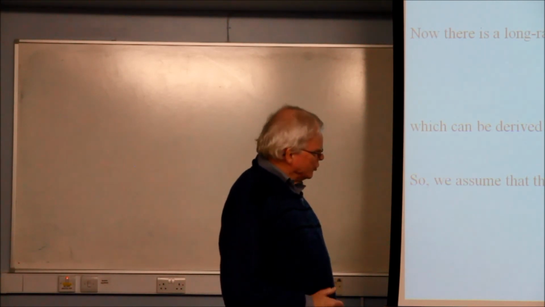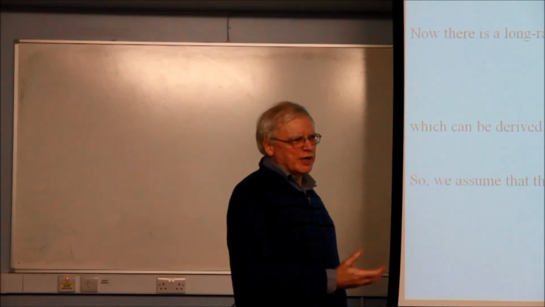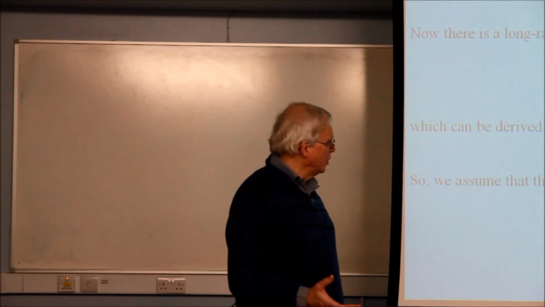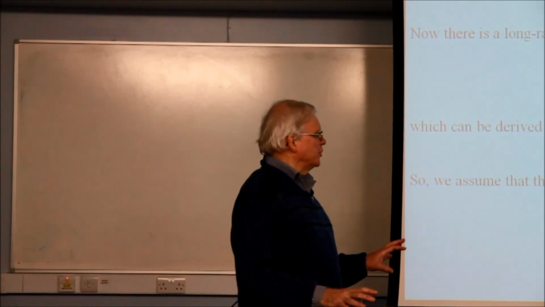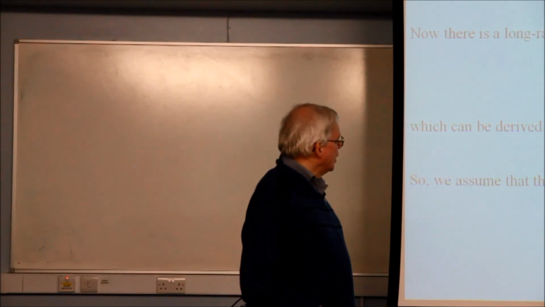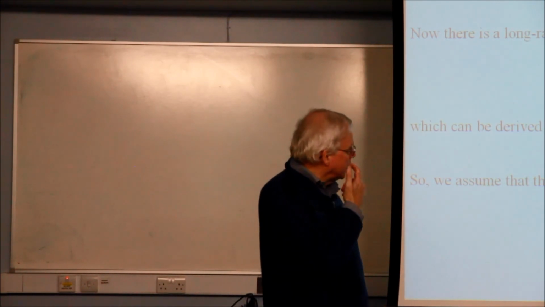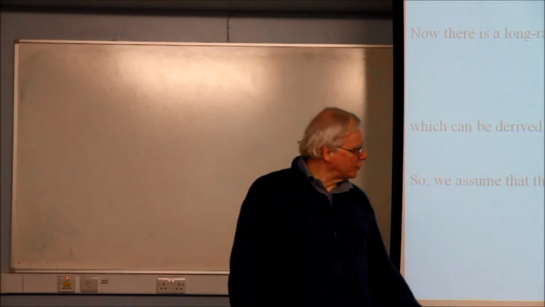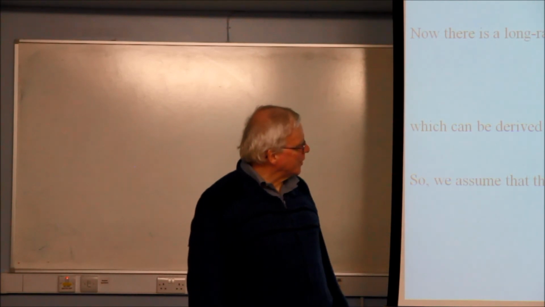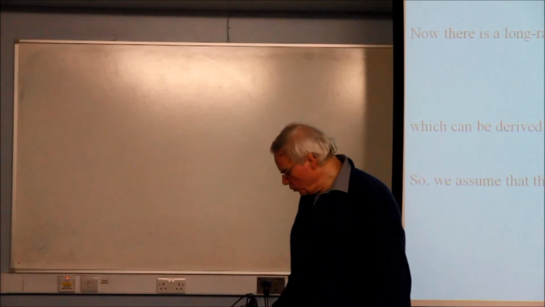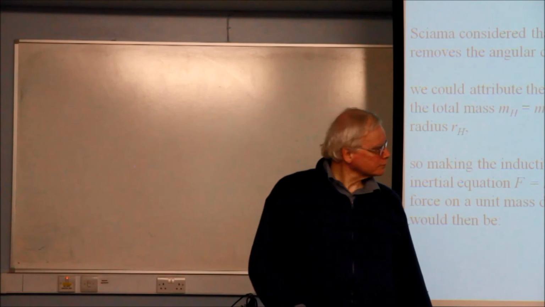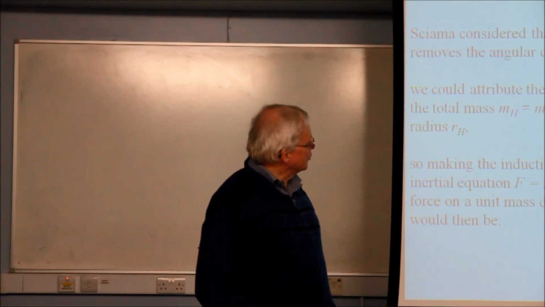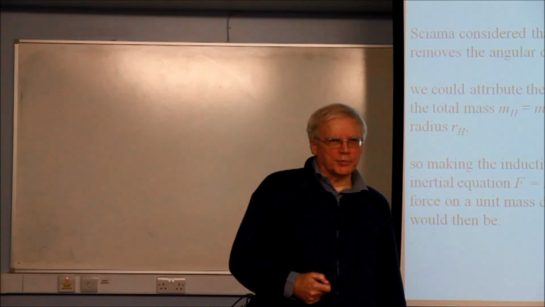And we can assume that there's one of exactly similar nature between gravity, an inductive force between masses. You just change the constant, you have G instead of 1 over 4 pi epsilon naught, and you change the charges into masses. This is what Sciama supposed, and he assumed that isotropy would remove the angular dependence theta.